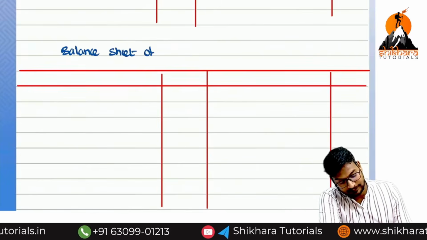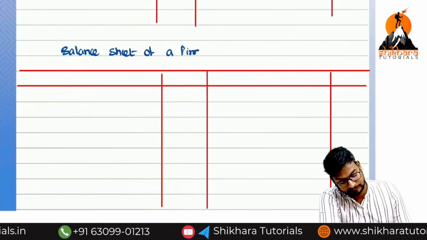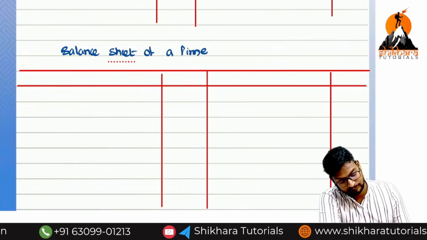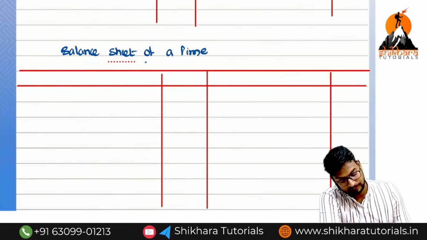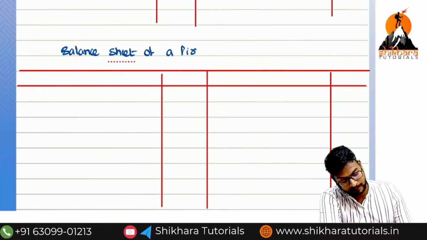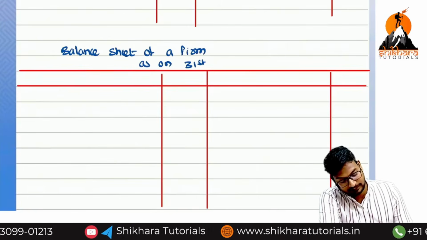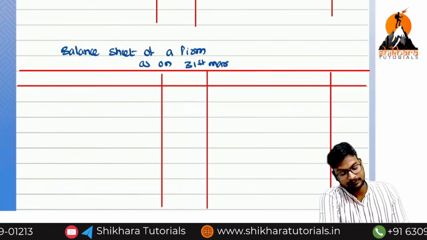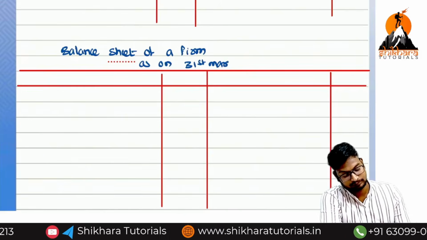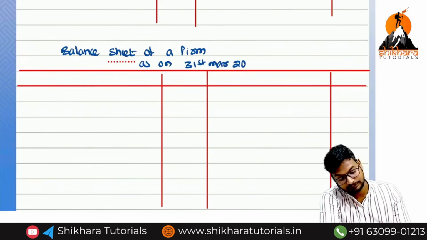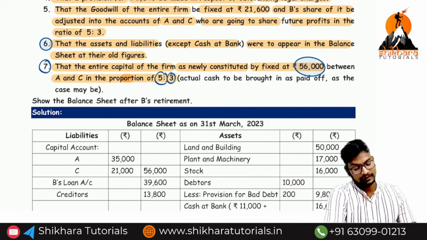Balance sheet of a firm as on 31st March. What is the date, Amma? 2000. What is the date of retirement, Amma?